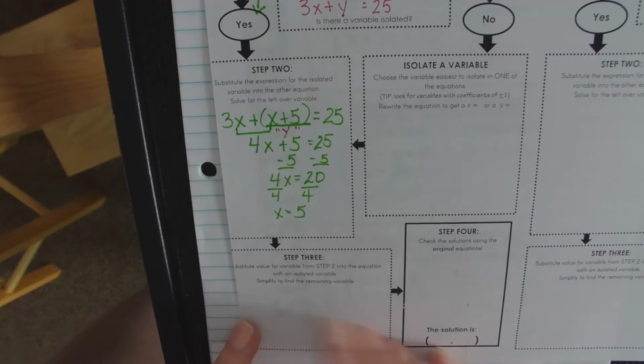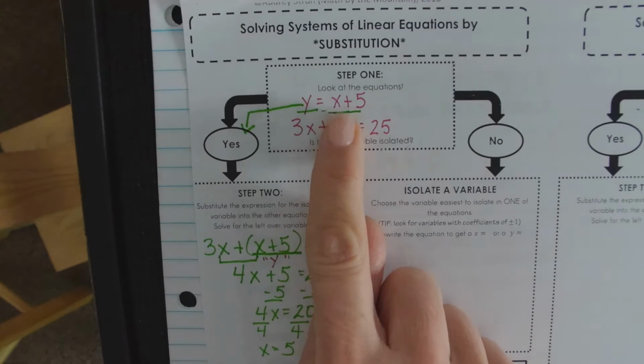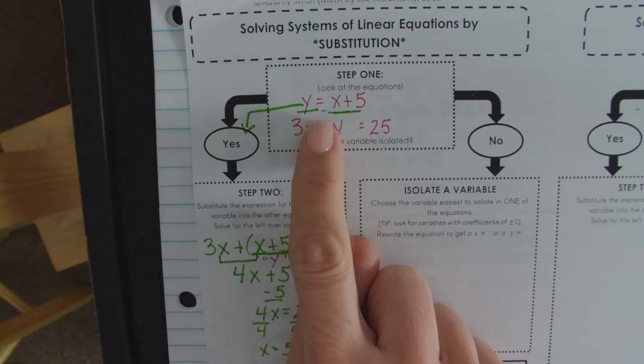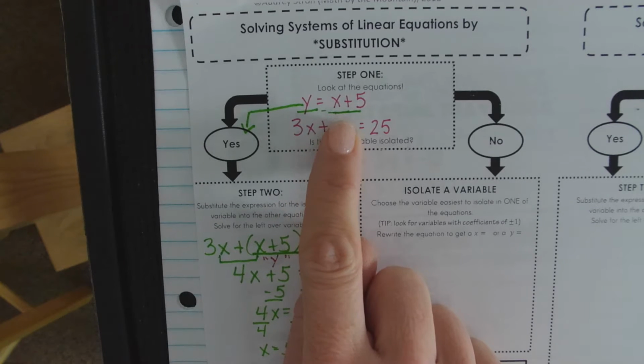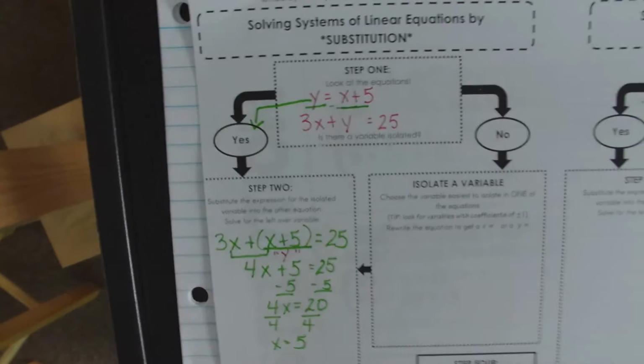Okay, I'm going to come back up here. Guys, does it matter what equation I use? No. Alyssa, pick one. Y equals x plus 5. Looks easier to me. That's the one I would have chosen. Does it matter? No. Okay, so I'm going to go back down here.